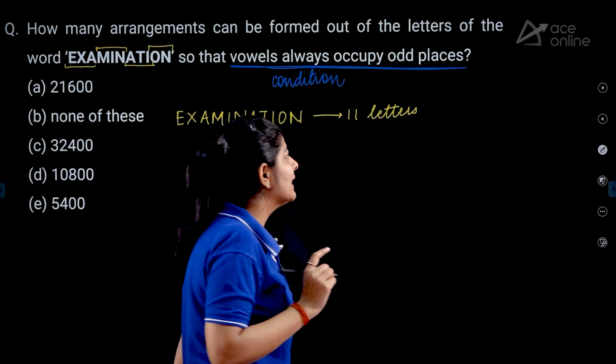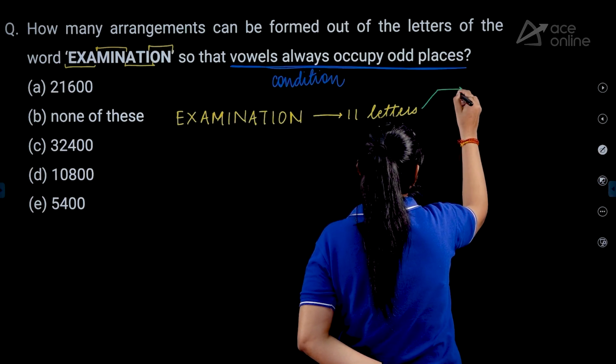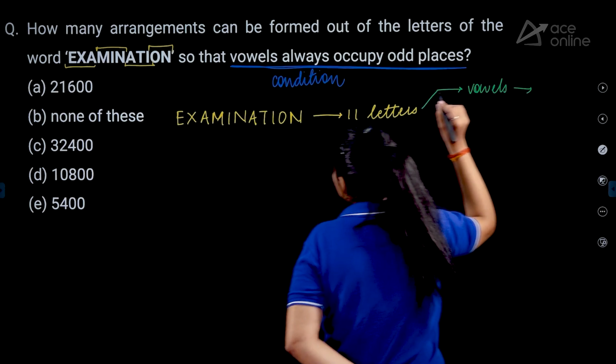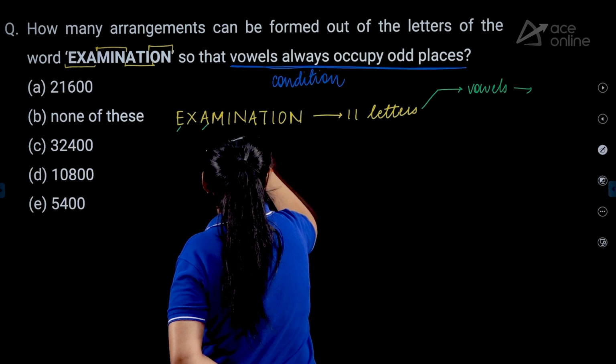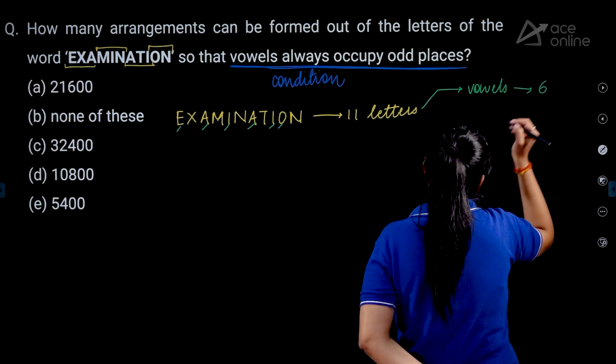Now in these 11 letters, how many vowels do we have? Here 1, 2, 3, 4, 5, 6. Here we have 6 vowels, right?